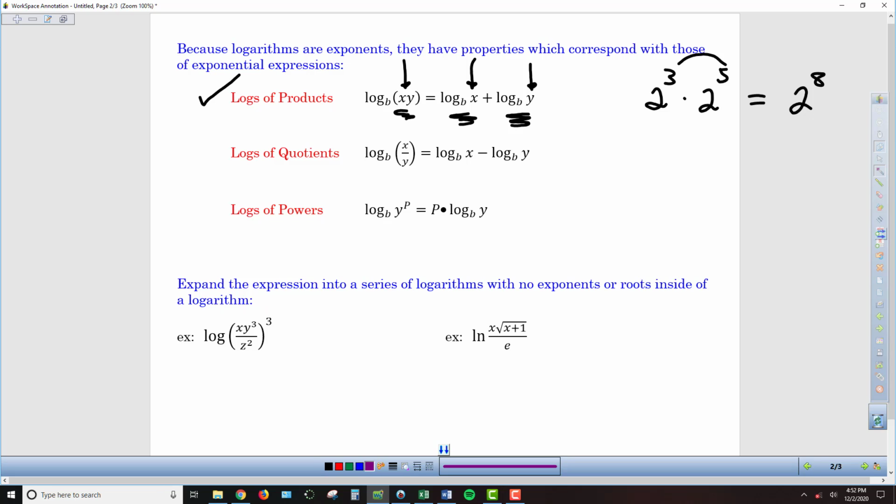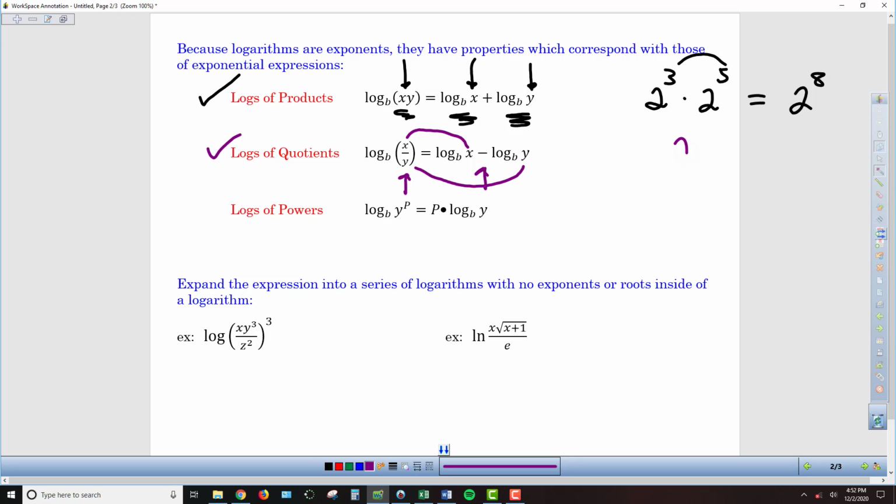And then we see the same thing with logs of quotients. So if I am taking the quotient, if I'm dividing two things inside of a logarithm, then I can split that up, but now it's going to be two logs that are being subtracted. And whatever is in the numerator is going to be positive, and whatever is in the denominator is going to be in the log that's being subtracted.